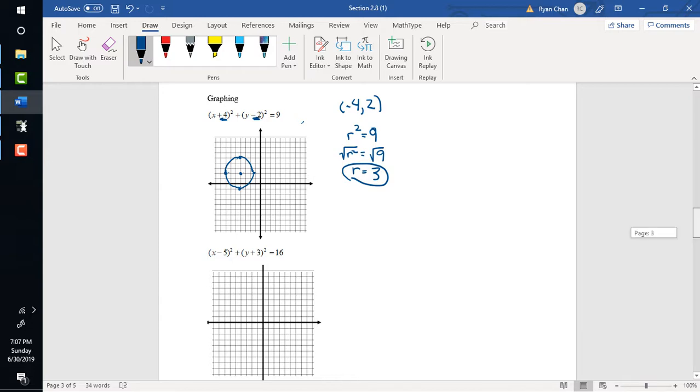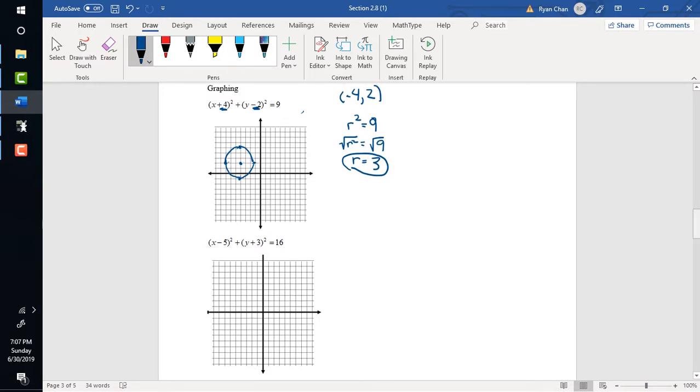Okay. Let's do one more example, like this one right here. So this will be its opposite. It's going to go to the right by 5 and then down by 3. So this is my center. And then my radius, my r squared is 16. So if I take the square root, r is 4.